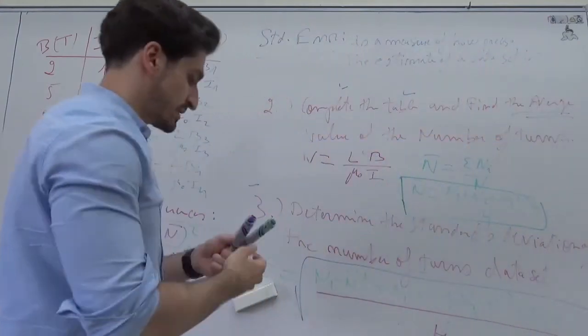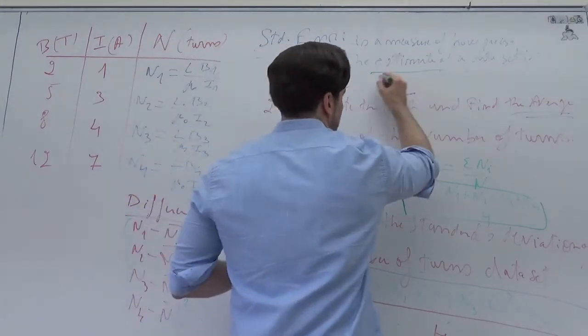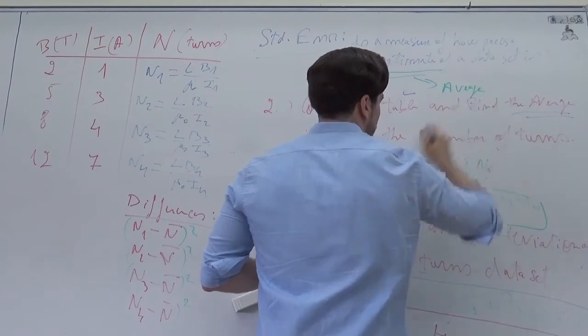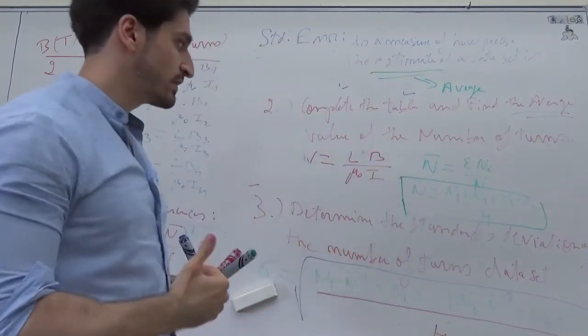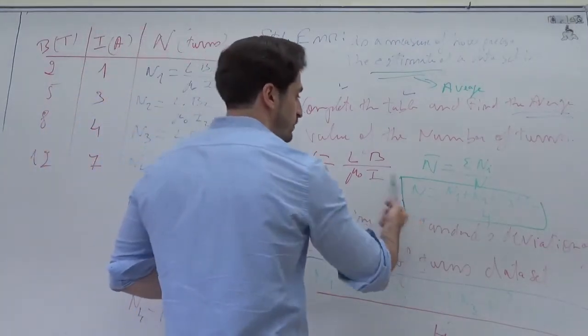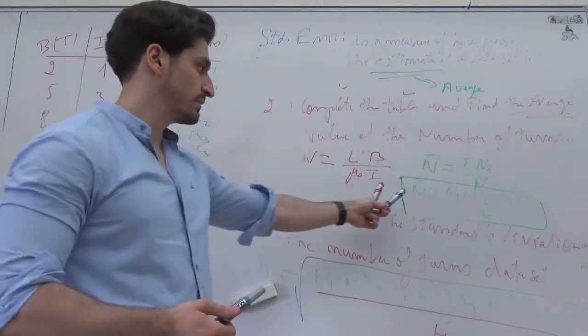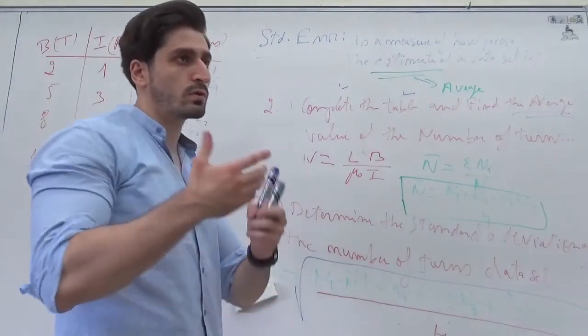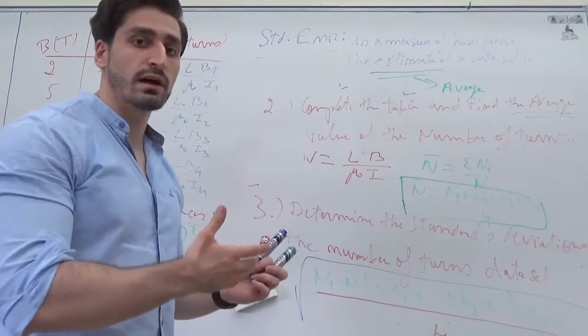So like I said, the estimate is actually what? The estimate in our case is going to be none other but the average. Why is it an estimate? Because like I said before, if you were to change the conditions of the experiment, that average value over here is going to change. So what we are actually obtaining over here is an estimate of what the real value or of what the average value should look like.